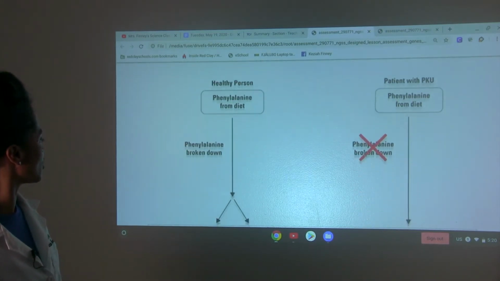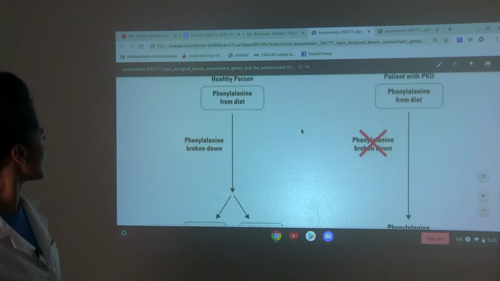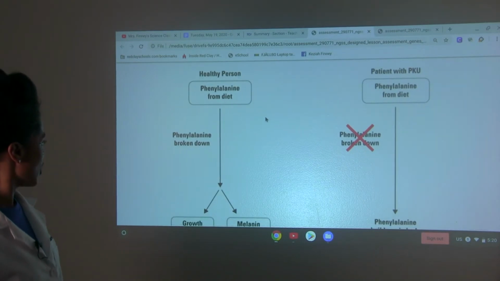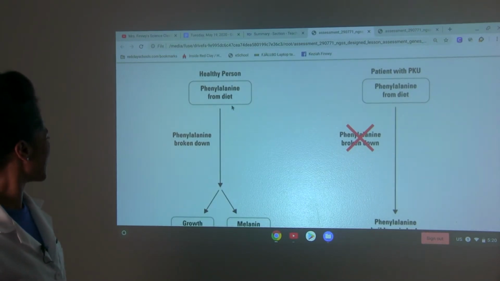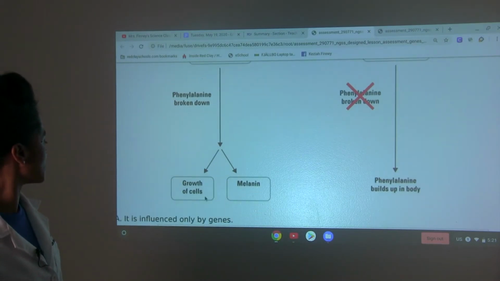All right, so here we have a healthy person. See if we can get this screen back. Okay. Healthy person, phenylalanine from diet, okay, broken down, growth of cells, melanin.